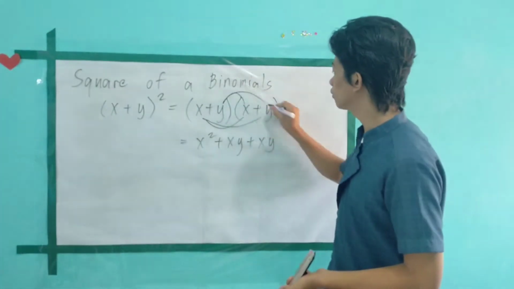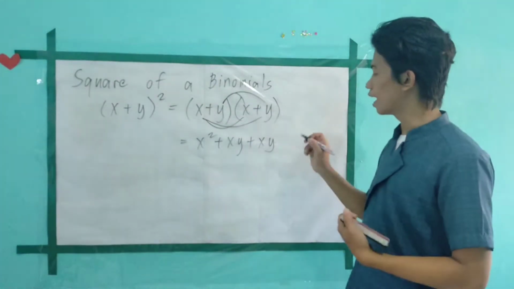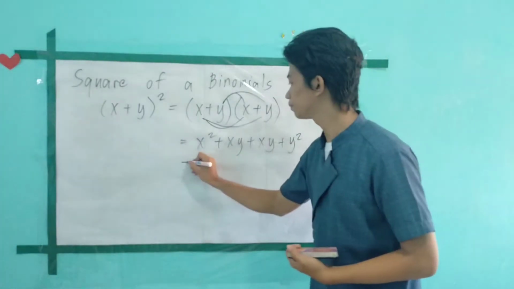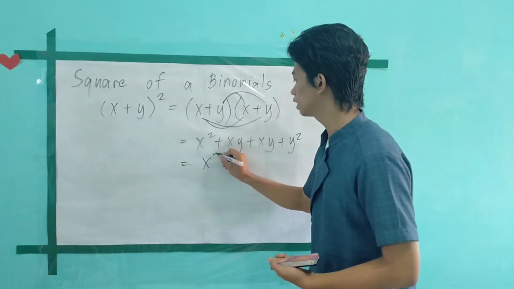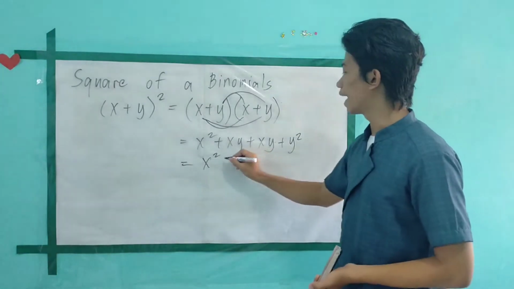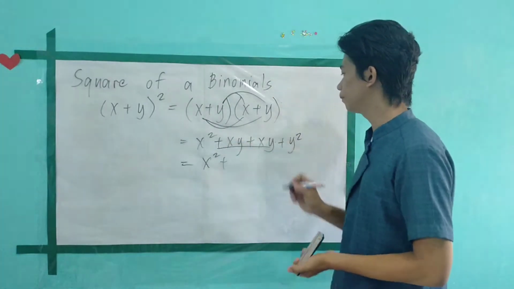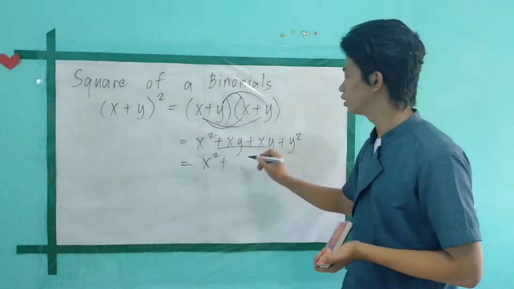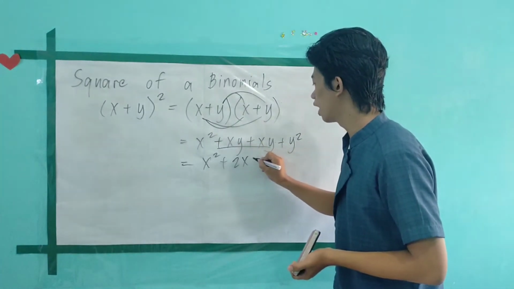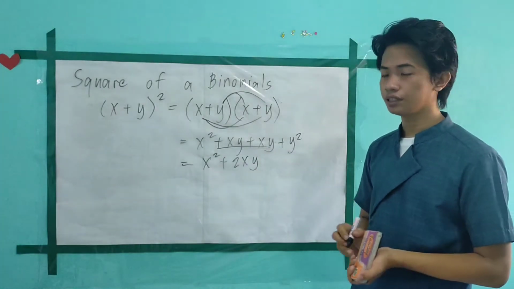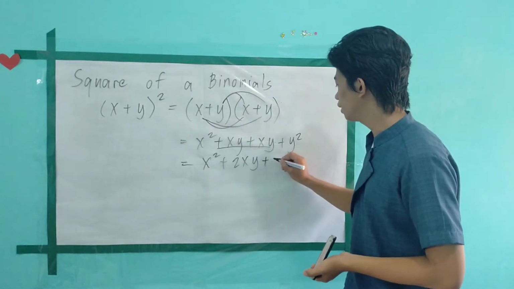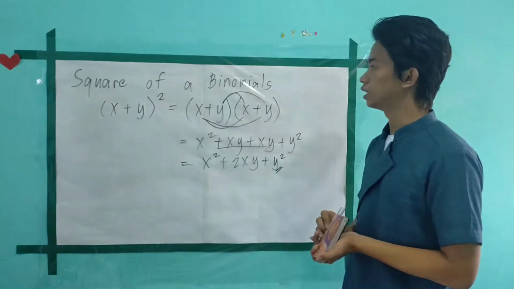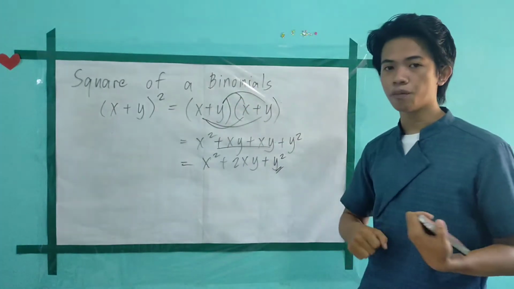Then last, y multiplied by y, we have y squared. So let's simplify. X squared plus, combining similar terms, xy plus xy, we have 2xy. Next, copy y squared. So this is the square of a binomial.